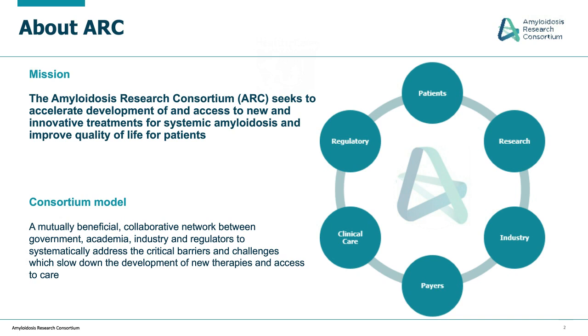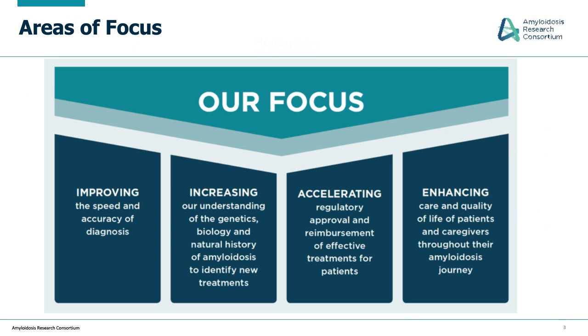We work closely with patients and patient organizations, pharmaceutical companies, researchers, physicians, and regulatory agencies to drive our mission forwards. Our four main areas of focus are improving the speed and accuracy of diagnosis, increasing the understanding of the science of the diseases, accelerating regulatory approval for effective treatments, and enhancing quality of life for patients.